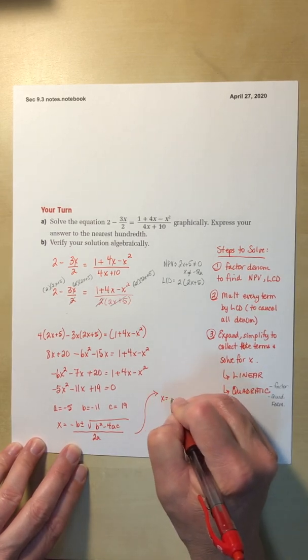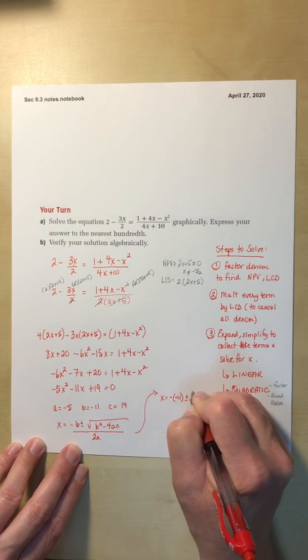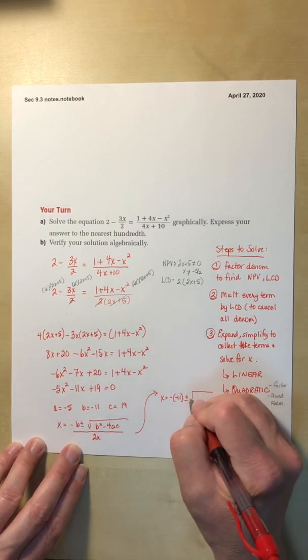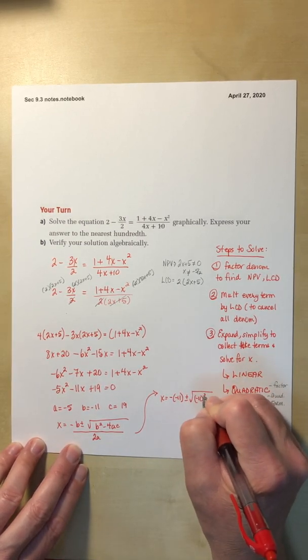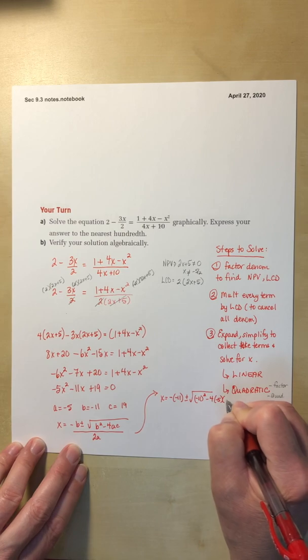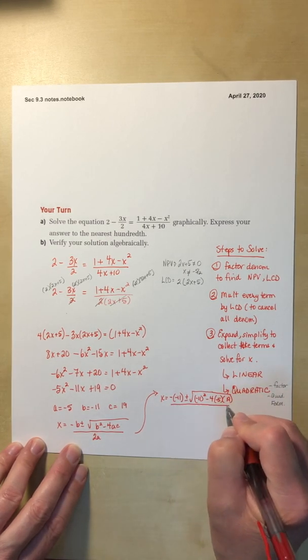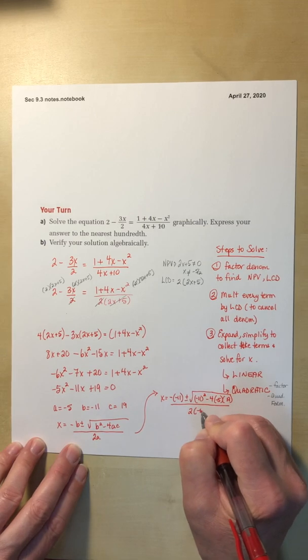So that means we will have the negative of negative 11 plus or minus the square root of our negative 11 squared minus 4 times A times C, all over 2 times our negative 5.